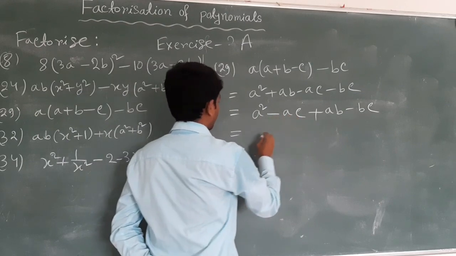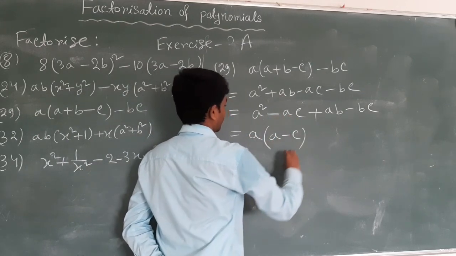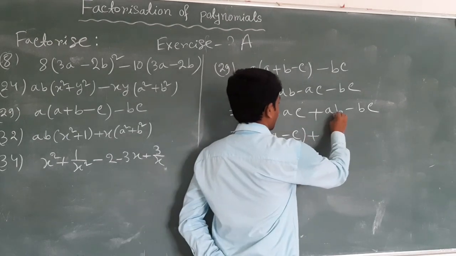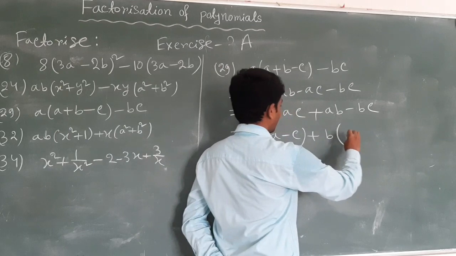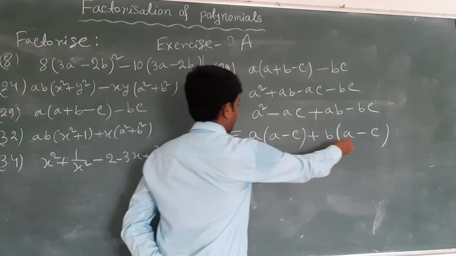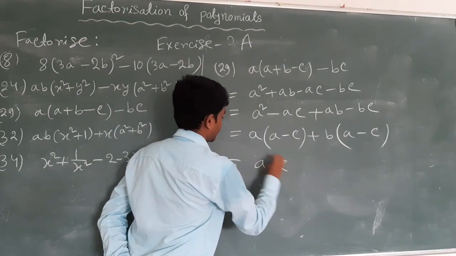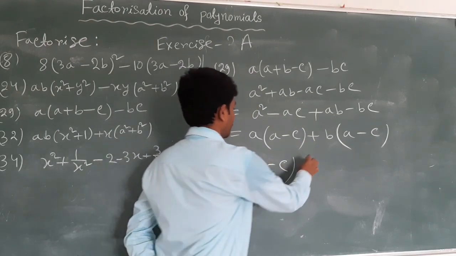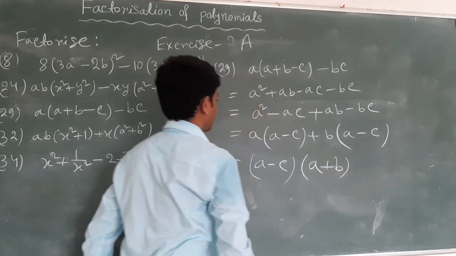And from the first and second term we take a as common, then it will be minus, and from the third and fourth term b as common, a minus c. So a minus c is the common factor of both the terms. So a minus c taken out as common, then we get a plus b.